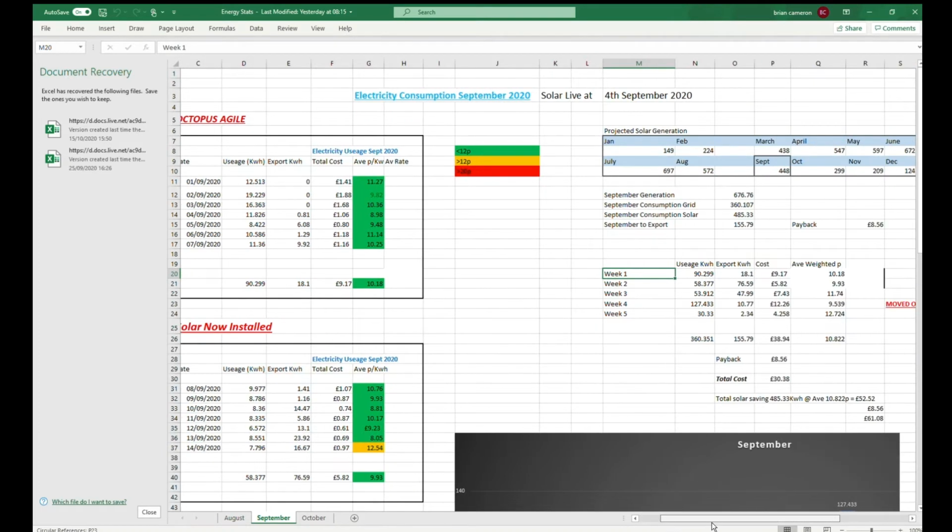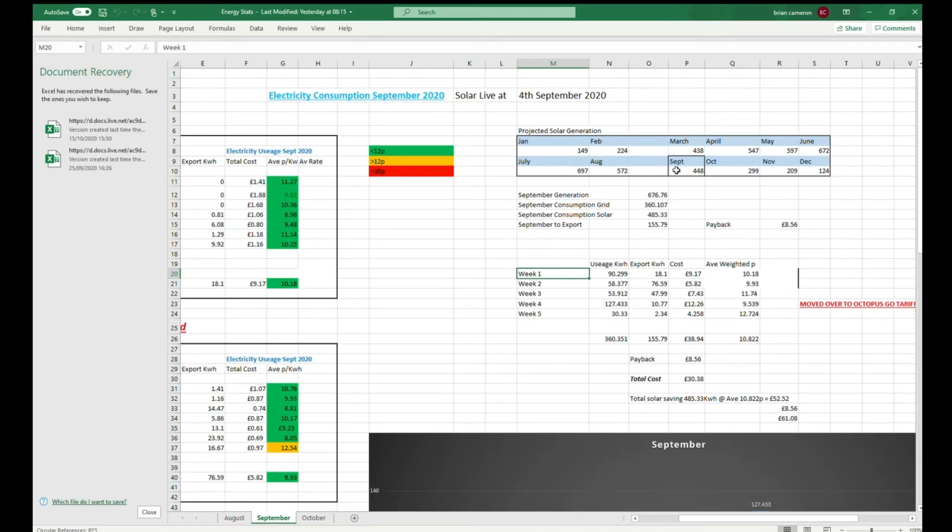Along the right hand side here, we've got the projected solar generation, and I'm pleased to say that we exceeded that, which is great news. Just beneath that, we've got the consumption. That is consumption from the grid.